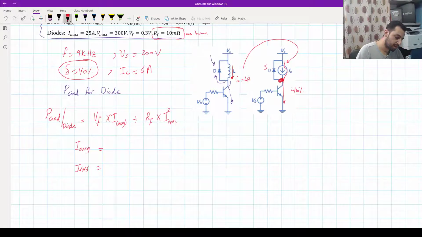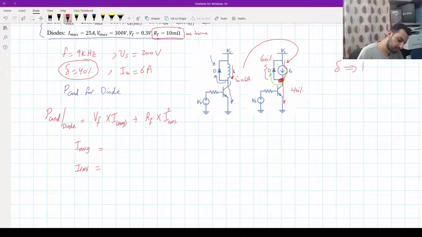That means the diode will be off. So if the transistor is on and conducting, the diode will be off. Now, if we switch off our transistor, this current will not go to the transistor, it will go through the diode, and now the diode will turn on. So the on time for the diode is not the 40%, it is the complement of the 40%, which is the 60%.